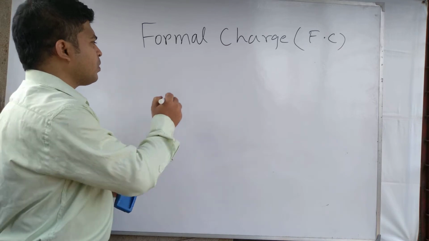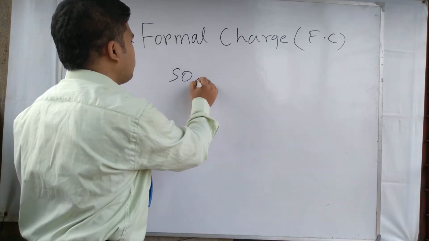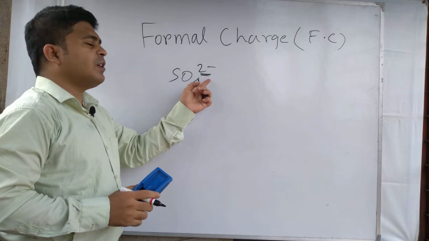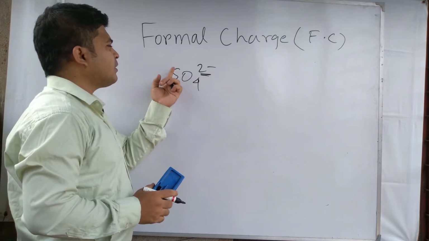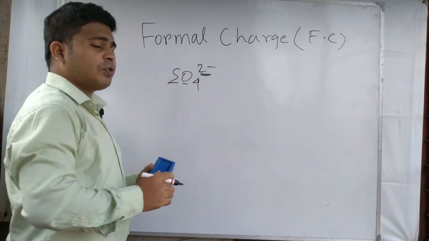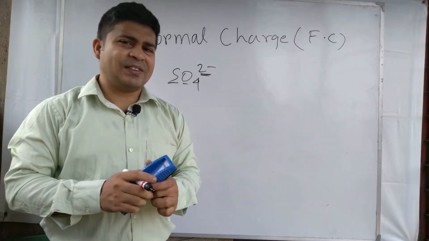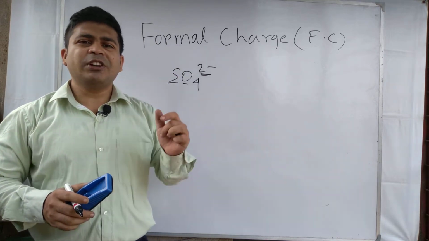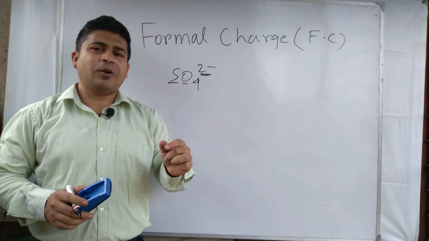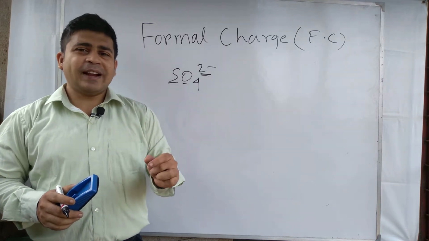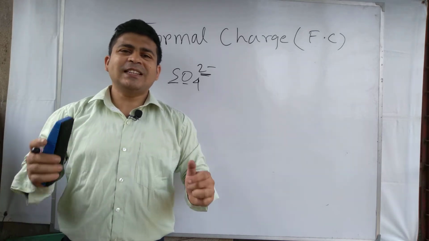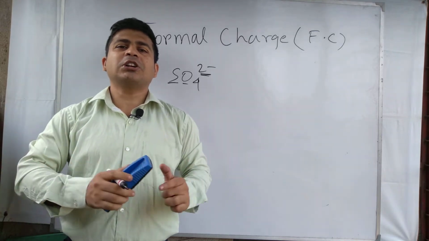For example, for SO4 2 minus, the charge is on the ion as a whole, but we cannot understand what the charge on sulfur is, or what the charge on oxygen is. But in some cases we need to know the charges on each atom of an ion, and for those cases we need to calculate the formal charge on each atom in an ion or molecule.